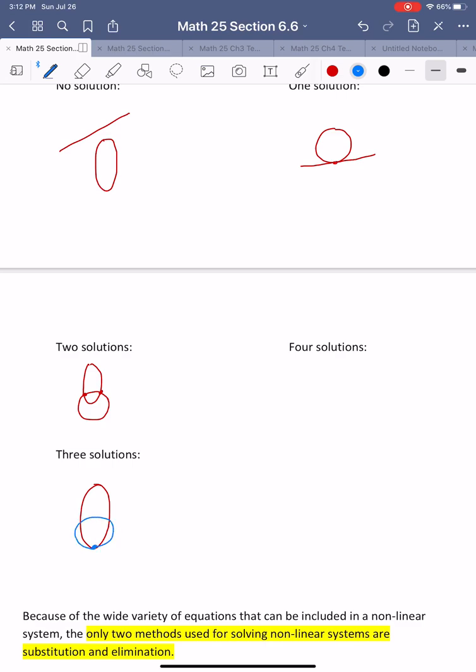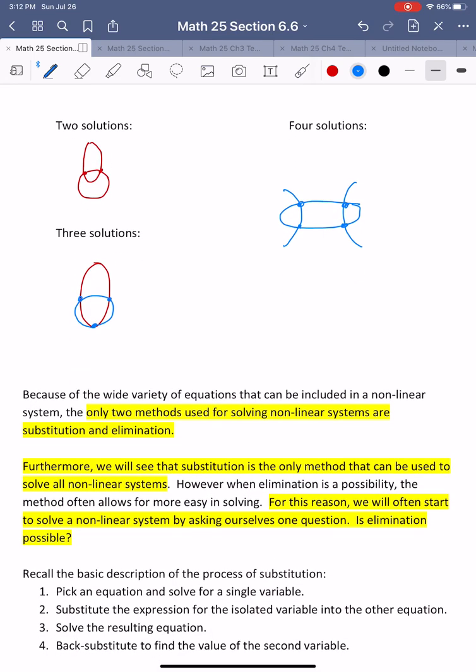So they meet here, here, and here. For the four solution case, say you have a hyperbola and an ellipse, which meet here, here, here, and here. So you can see through the graph, but we can also use elimination or substitution to find the solution too.